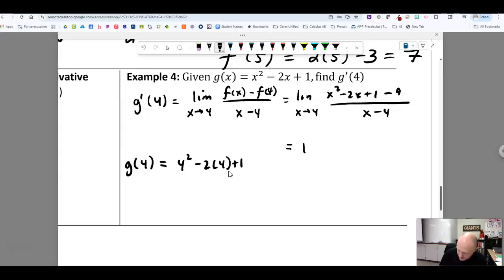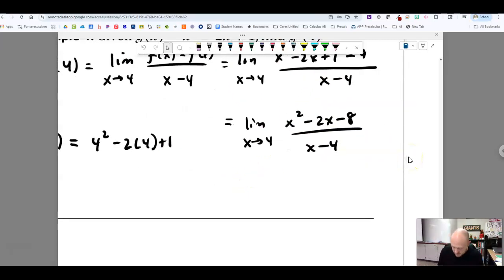So if we go ahead and consolidate this, we get x squared minus 2x minus 8, which I feel like in this format you guys are more comfortable evaluating this limit now. So I'm going to factor.